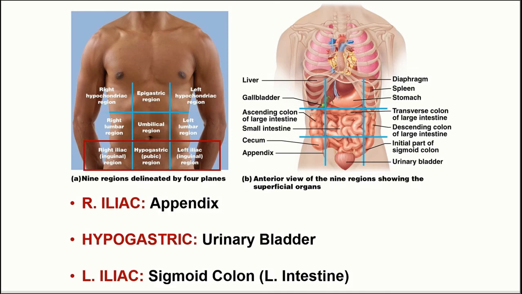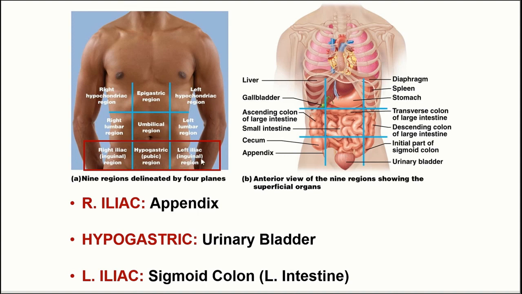The inferior-most of the 9 abdominal pelvic regions are the right iliac or right inguinal region that largely contains the appendix, which is this little pocket-like sac that is a part of the large intestine. The hypogastric region, right in the bottom center, is also called the pubic region, and it contains the urinary bladder.